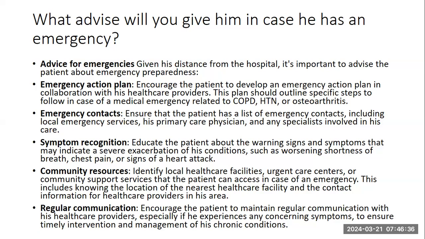Also, the contact of his primary physician, the physician monitoring his hypertension, his chronic obstructive airway disease and osteoarthritis, and any specialist involved in his care. Like in the case of osteoarthritis, the contact number of the physiotherapists that monitor his physical activities.